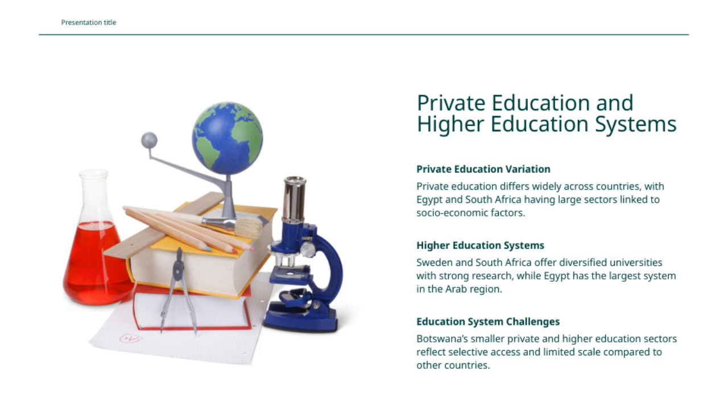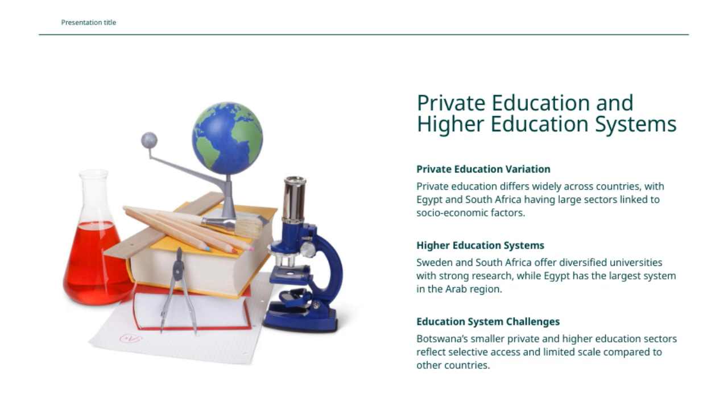Moving on to higher education systems, Sweden and South Africa are notable for their diverse universities, which are known for strong research output and broad academic offerings. In contrast, Egypt has the largest higher education system in the Arab region, serving a significant student population and offering a wide range of programs.